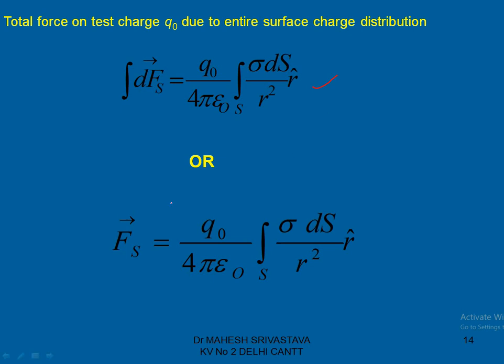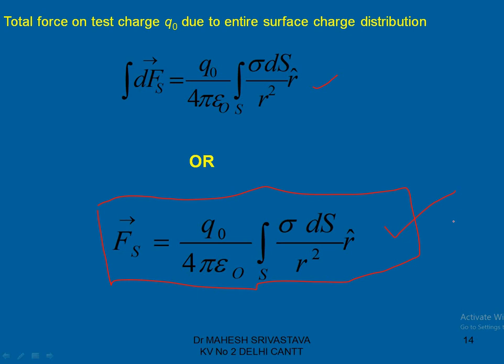Or we can write F_S vector equals q naught upon 4 pi epsilon naught surface integral sigma dS upon r square r cap. This expression is the total force acting on the test charge due to the entire surface charge distribution.